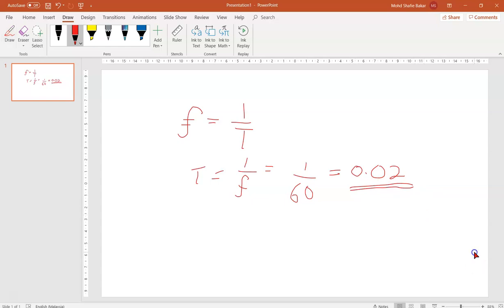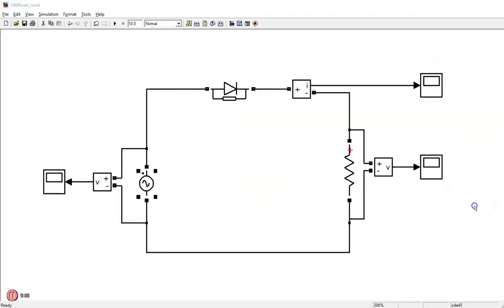This is where you need to set your simulation stop time. If you put 0.02, you only simulate the schematic diagram for one period. This is not practical because it is very difficult to see the performance in one period. So I recommend you use 3 periods: 0.02 times 3, which is 0.06.